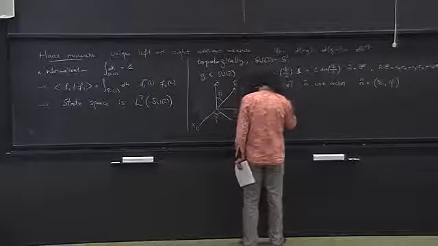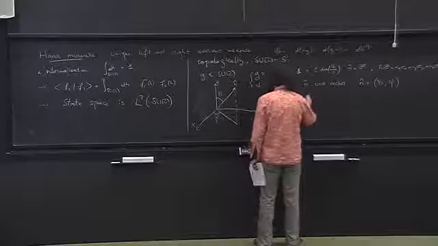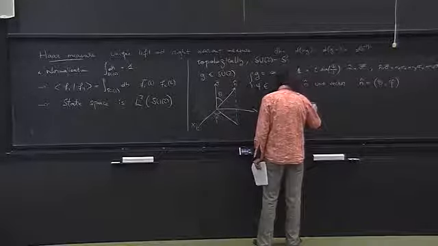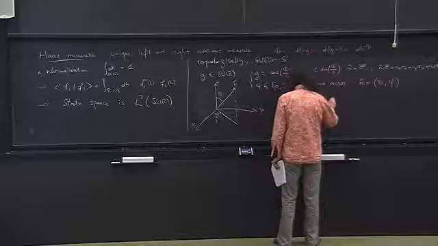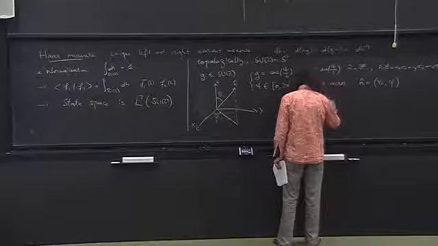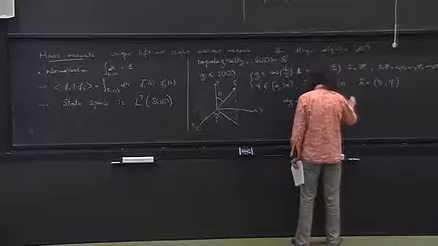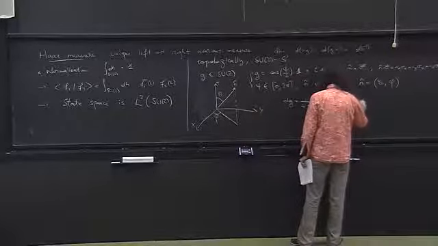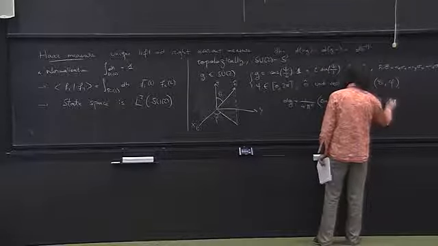And the Haar measure reads dg equals 1 over 4 pi squared sine squared of psi by 2 d psi sine theta d theta d phi.